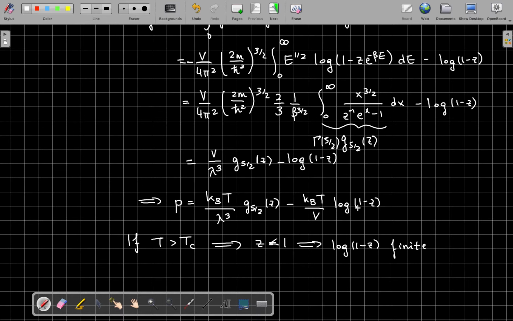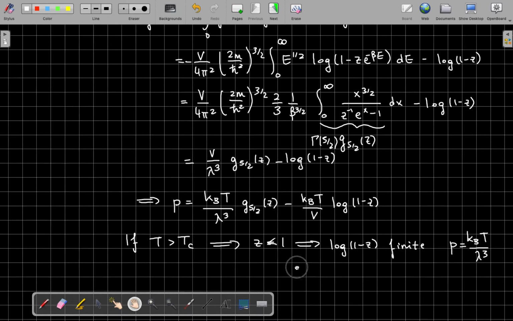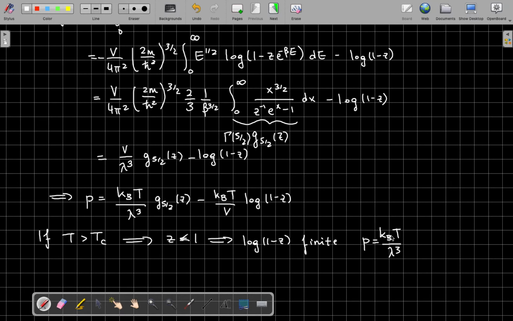And as a result, this finite number divided by the volume, which is infinite in the thermodynamic limit, is going to vanish. So P is going to be equal to kBT over lambda cubed times g of 5/2 of z.